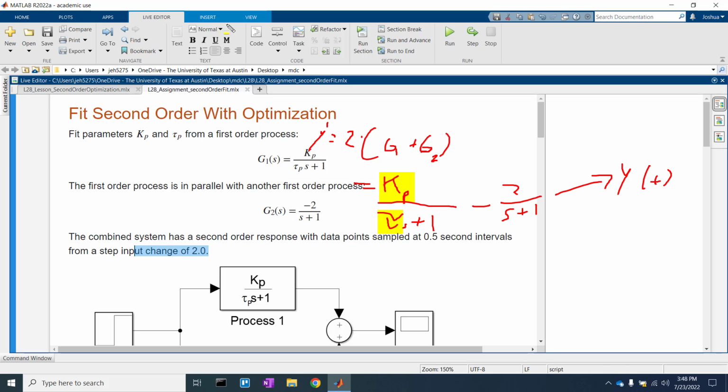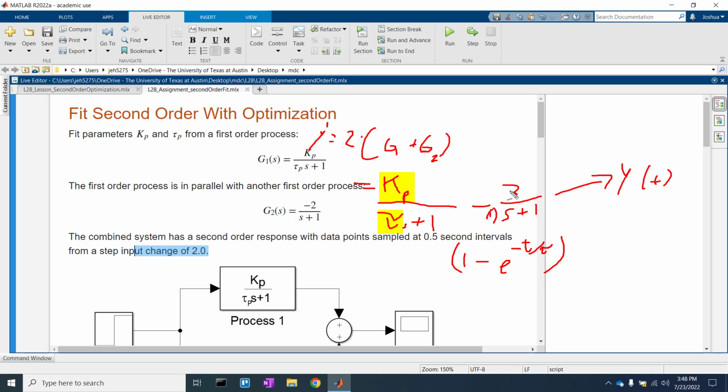As we convert back to our time domain, we'll notice both of these are in similar forms. Both of these are in the form something over something s plus 1, except this tau is an implicit 1 here. So that equation is equal to 1 minus e to the negative t over tau.